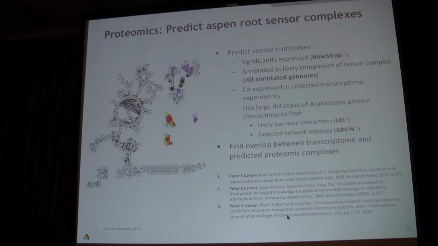We find likely pairwise interactions statistically enriched in the Arabidopsis by their predicted subcellular localization predictions, and we identify an expected whole network topology for what kind of shape these kinds of interactions are expected to take. And we find the overlap between these predicted complexes and those genes that are differentially expressed.